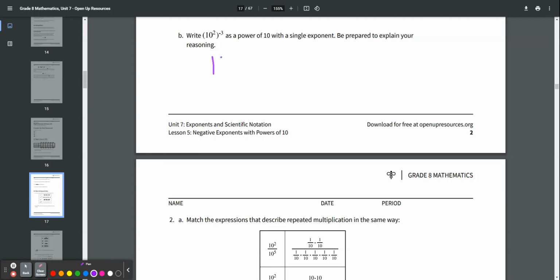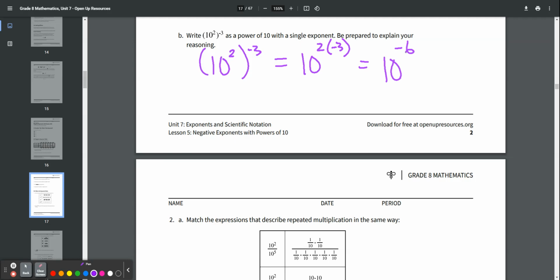We remember from an exponent rule, when we have a power raised to another power, we can simply take that power of 2 and multiply it by the power of negative 3 to tell us that we have 10 to the negative 6th power. And that would be our single exponent.